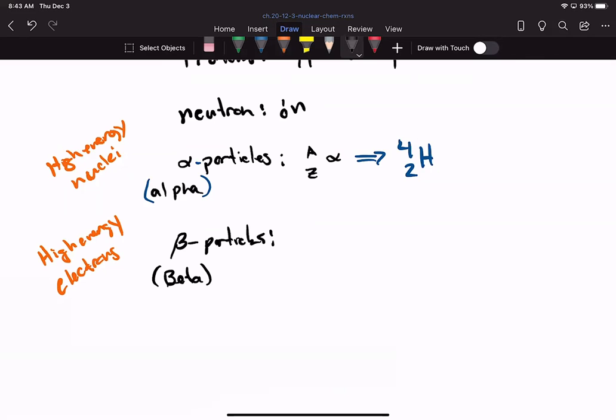So we can write a beta particle like this, and then we'll put -1 here, and then we can write out the beta symbol, or I commonly use it like this, 0, -1, and we can just simply put an e there for an electron. But either way, it doesn't really matter which one you use. Generally, I use the e here for this one.